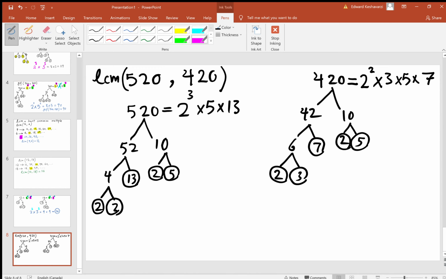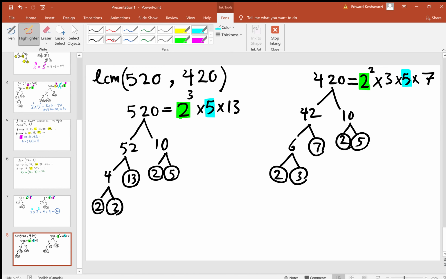And now this is how we determine the LCM. So 5 and 2 are common bases in both of them. But 3, 7, and 13 are not common bases.